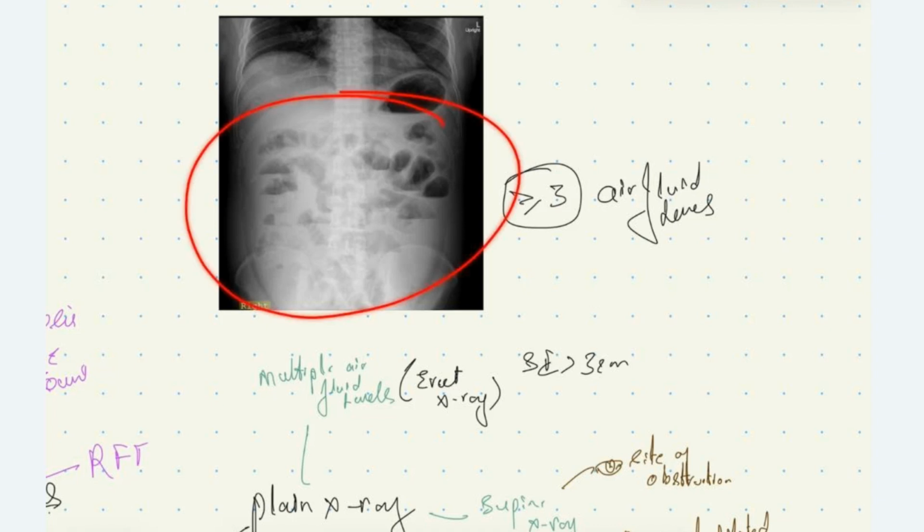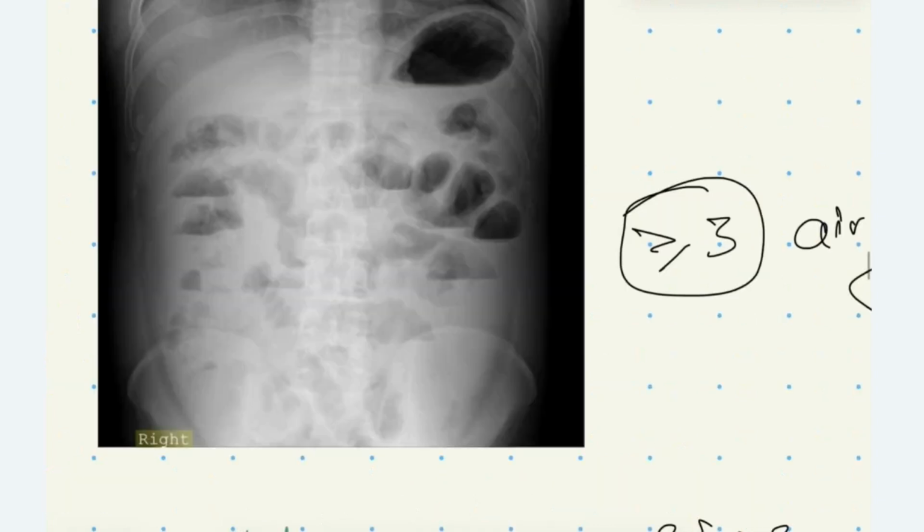Here you can see the air fluid levels marked by the horizontal line, and the gas seen as this shadow. Below this line there will be fluid and above it there is gas. This is called an air fluid level. It will be 3 or more in case of intestinal obstruction.